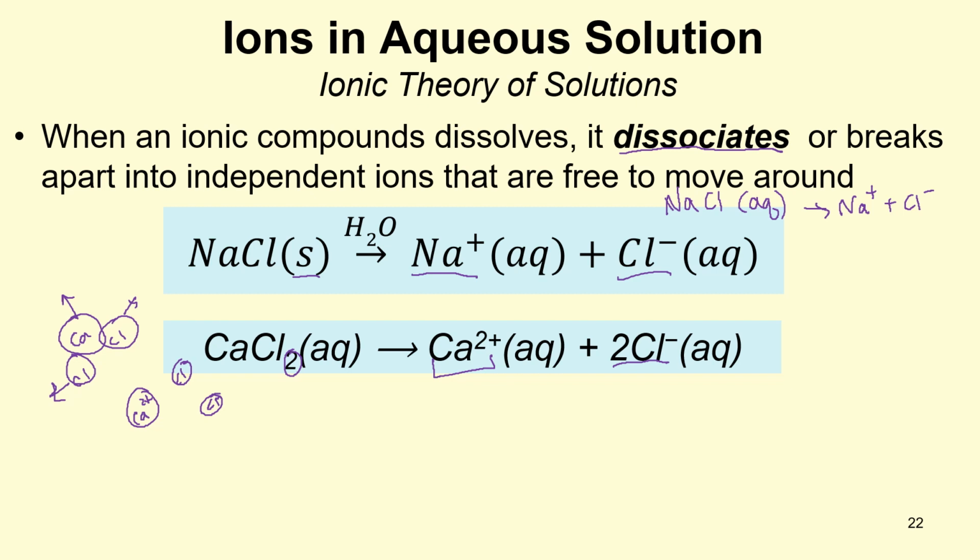If you had a polyatomic, let's write it here. Like if you had NaNO3, when you dissolve that in water, the polyatomics always stay together. So this would be written as Na plus and NO3 minus.